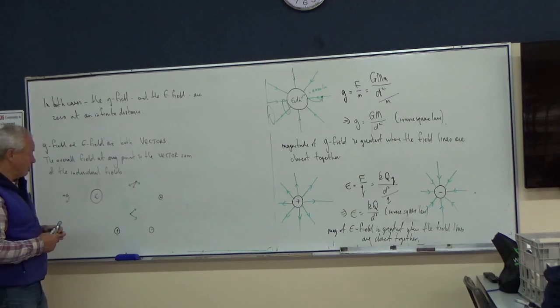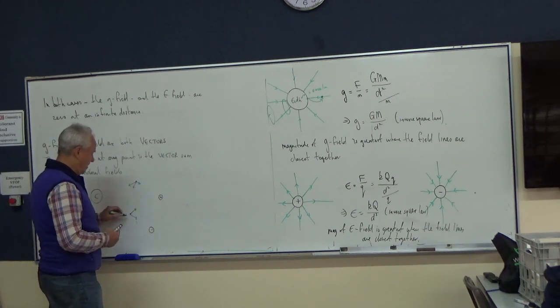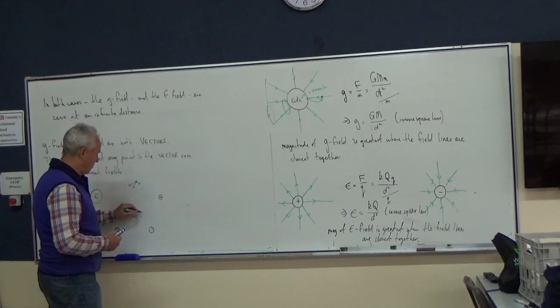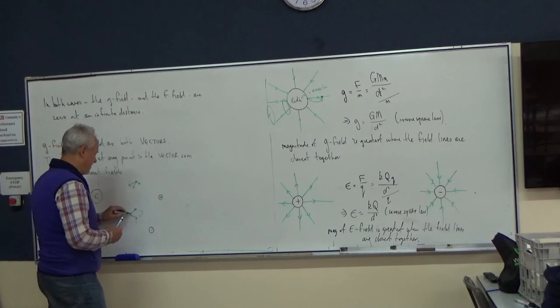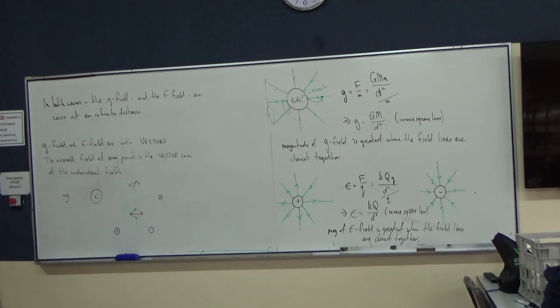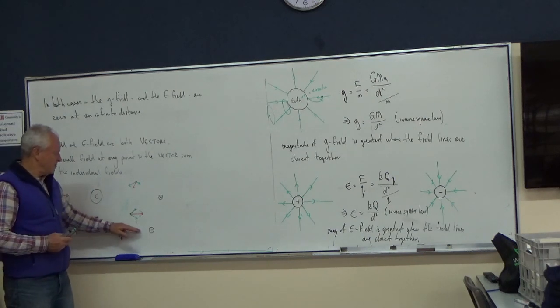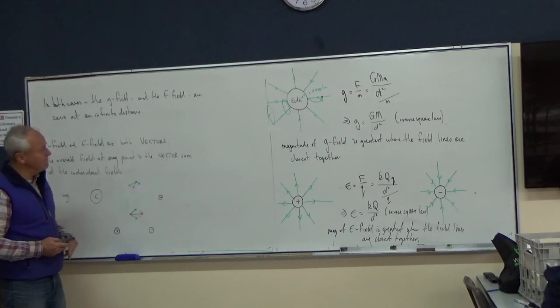The overall field would be the vector sum of those two, so that one plus that one, and of course I can add in whichever order I want. And the resultant would be this one here. Alright, so you most likely get something where you're between the two charges.